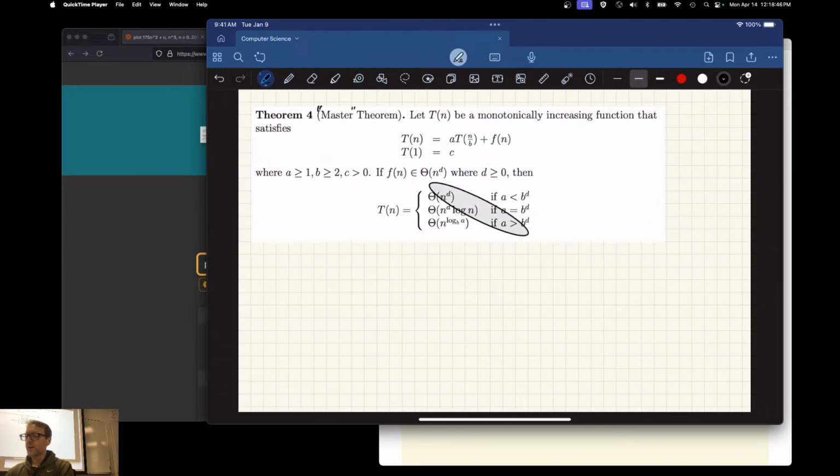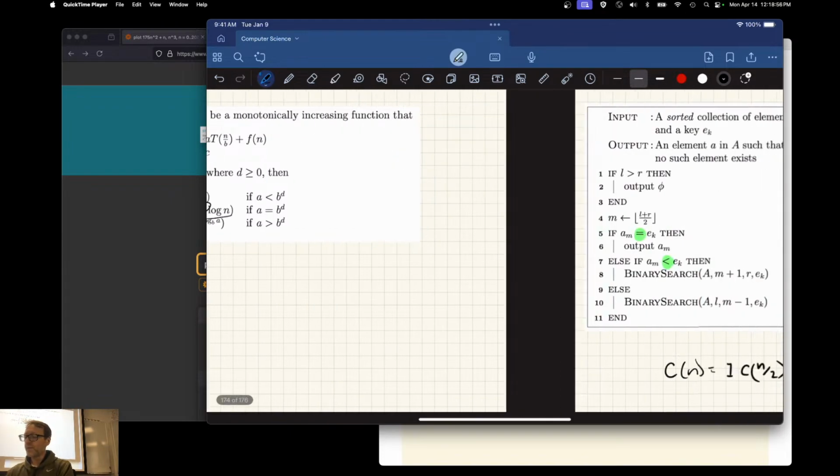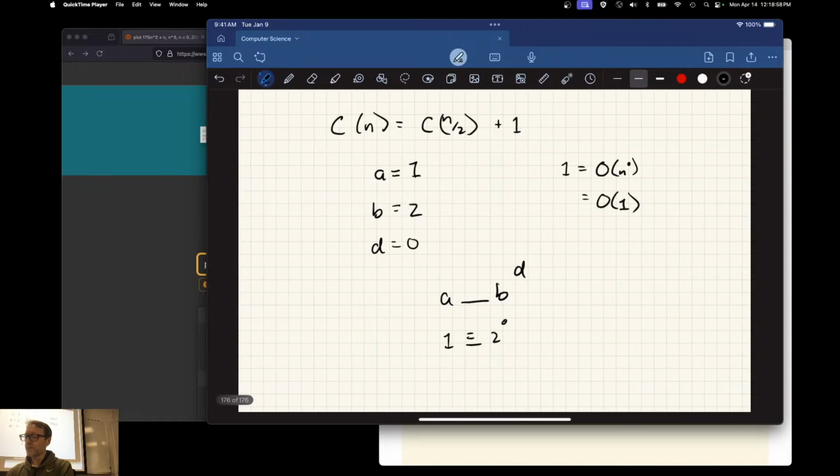It's really, really boring until you get to, I don't know, matrix multiplication algorithms. So it's n to the d log n. Well, what was d here? 0. So n to the 0 is 1, and we've got that this is equal to order log n. Same exact analysis as if we had done it the proper way, using iterations instead of a recurrence.